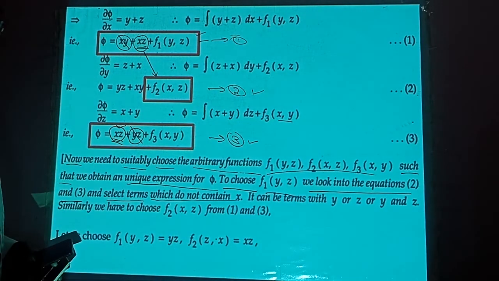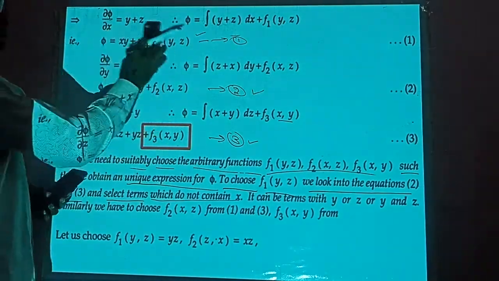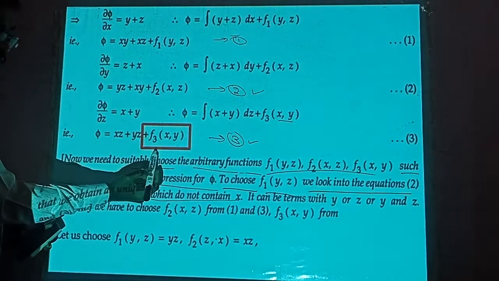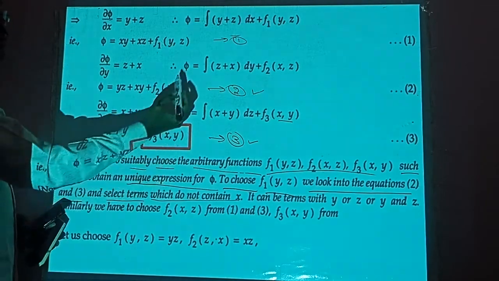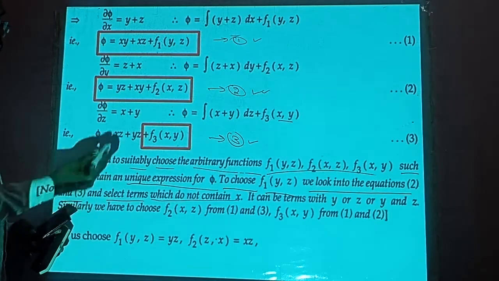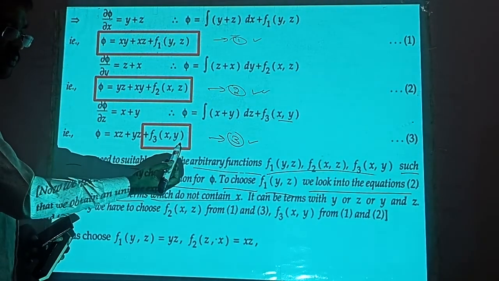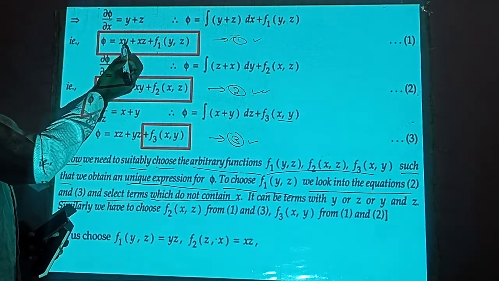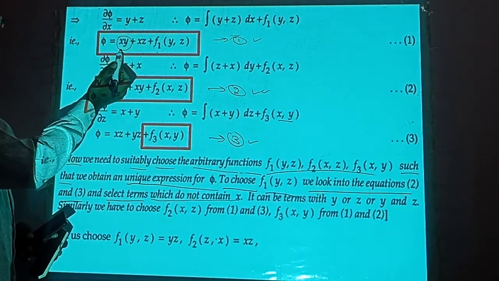Now let us go for f3. To choose f3, we need to look at equation 1 and 2 and select the terms which are independent of z. So which are all the terms which are independent of z? Yes, this term is independent of z because z is not there.